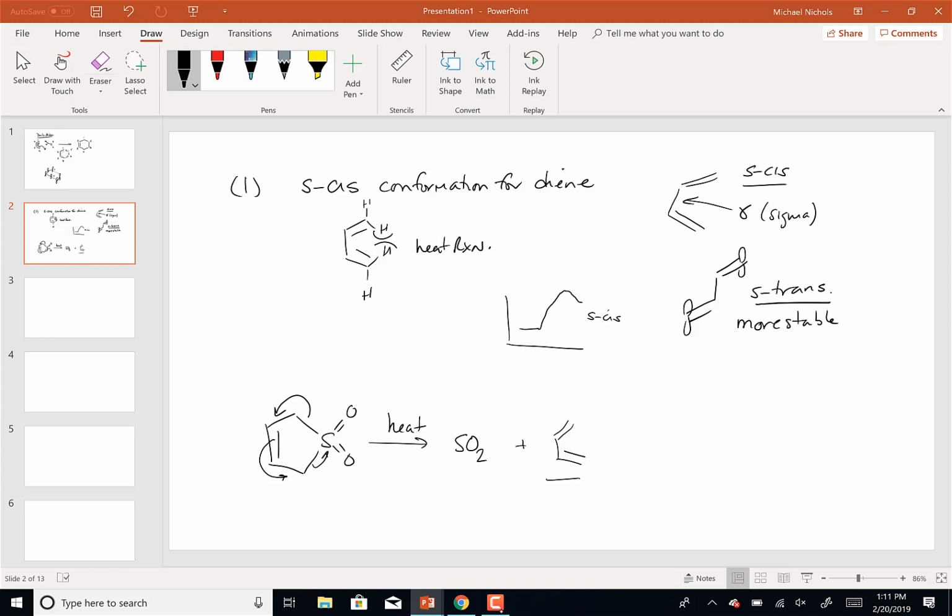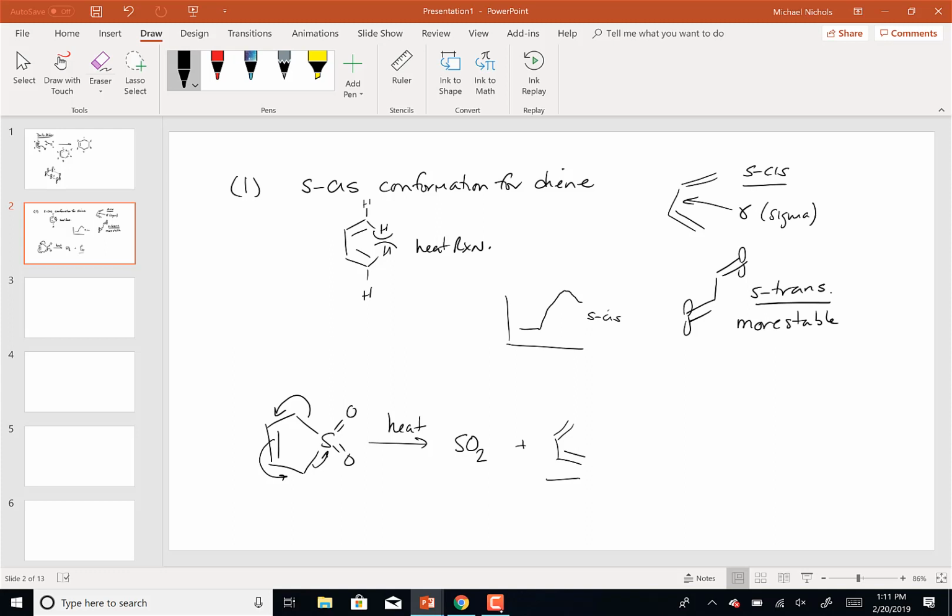What you have to think of is kinetic energy. So when we raise the temperature, we raise the kinetic energy of the system. Molecules transfer energy as they're smashing into each other. And so you might have a real high energy molecule smash into the butadiene, and then all of a sudden it switches. And then it reacts.